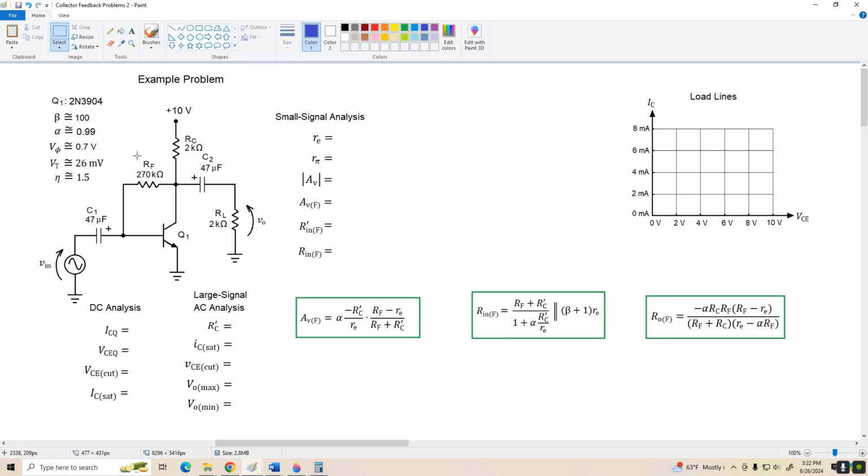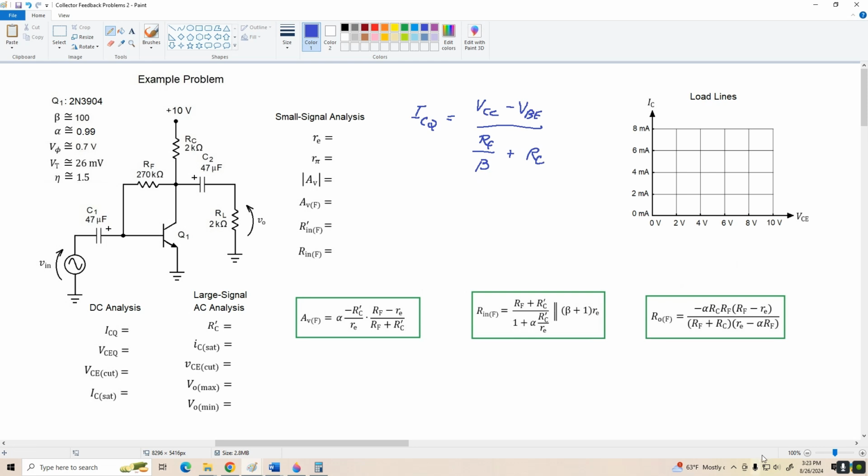We're going to start with a quick DC analysis, and first thing we calculate is ICQ, which is going to be VCC minus VBE divided by RF over beta plus RC. Now, RF is 270K divided by 100 is 2.7K, plus 2K is 4.7K.